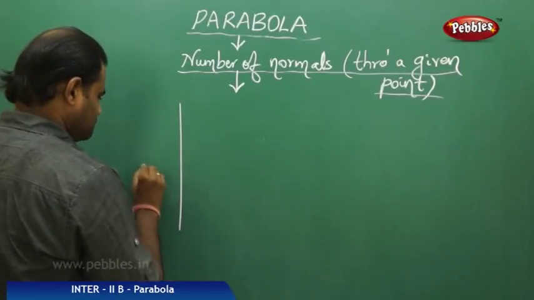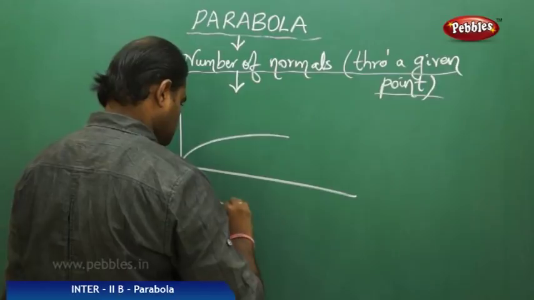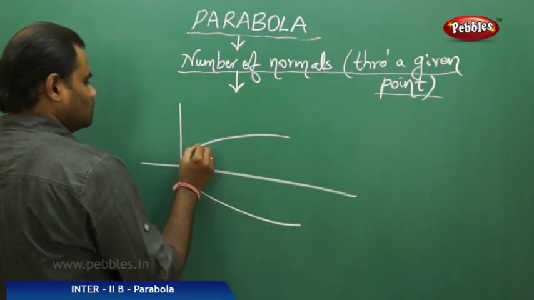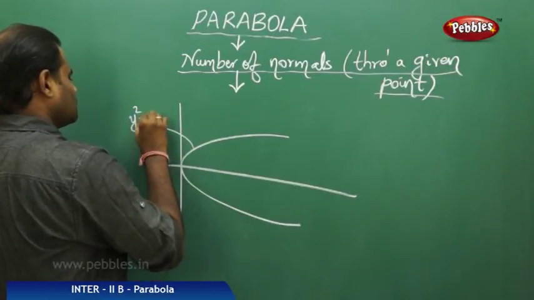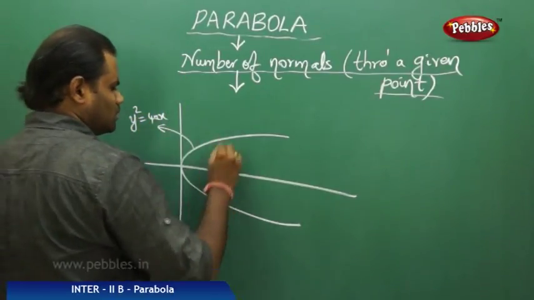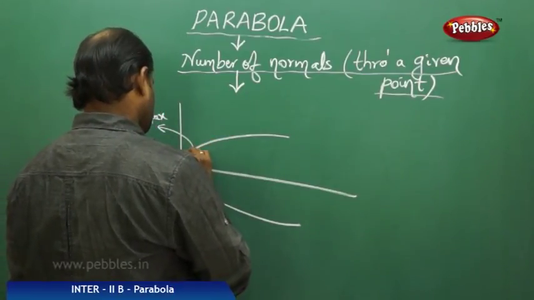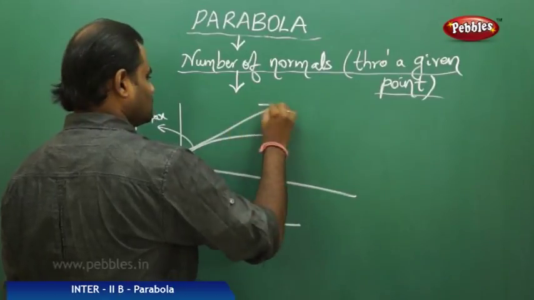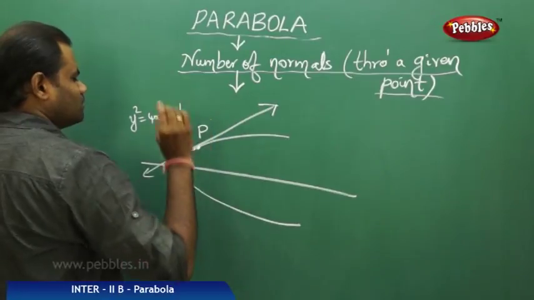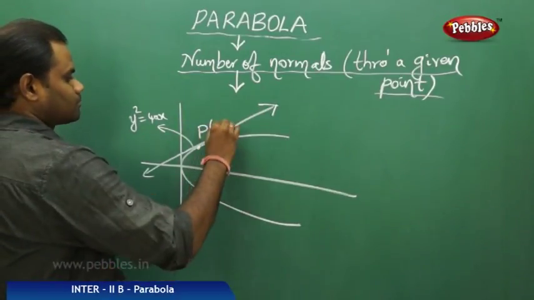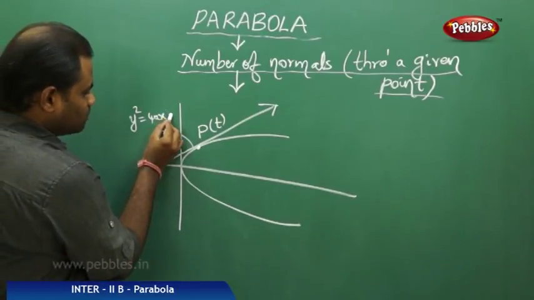Suppose I have a parabola y square equals 4ax. And P is a point out here. Now let me say there's a normal which passes through P out here.